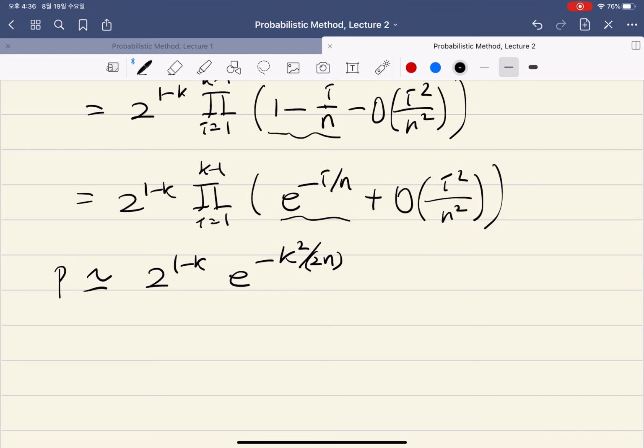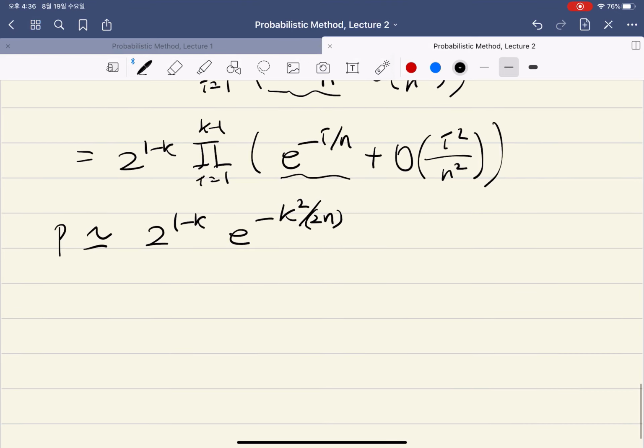If you multiply these all together, plus some smaller term, which can be ignored as long as we make sure that k over n goes to 0.